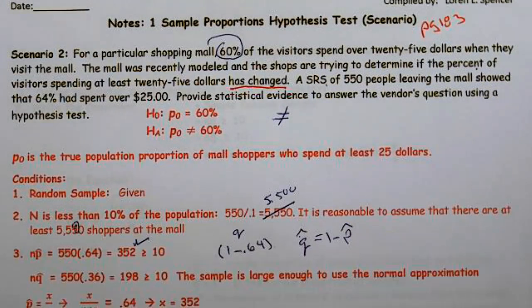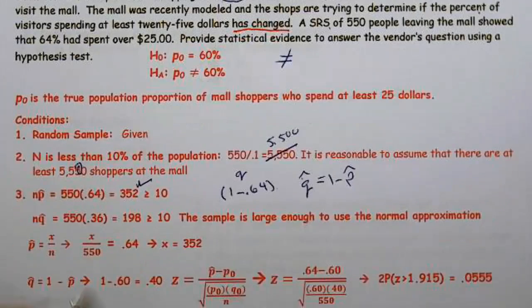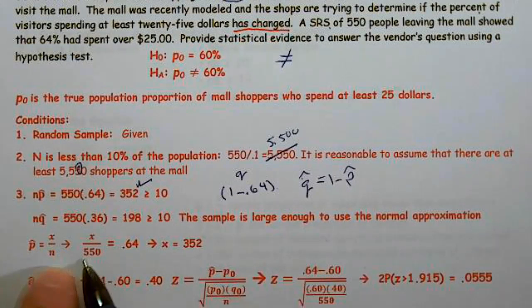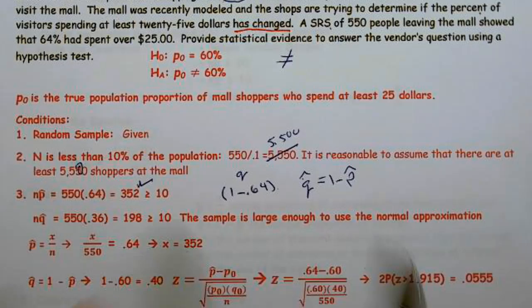We should show that we know where that came from. And remember p hat equals x over n. We have n is 550, and so we have 352 successes.